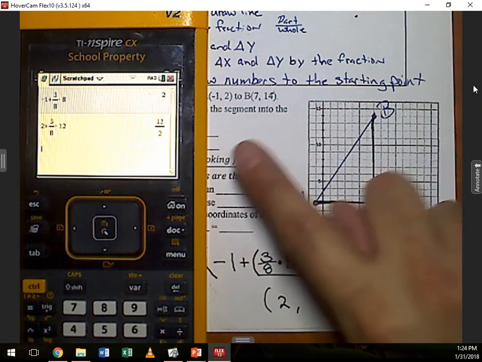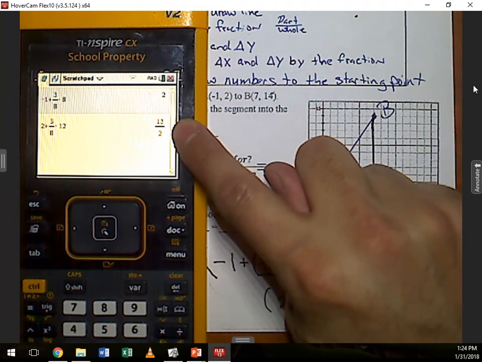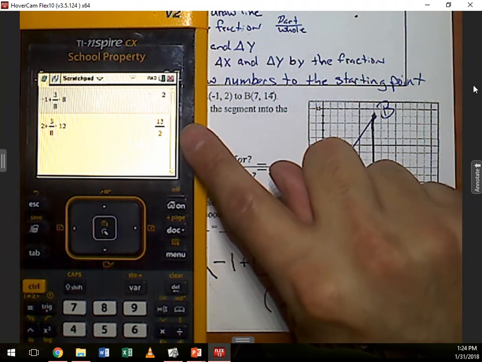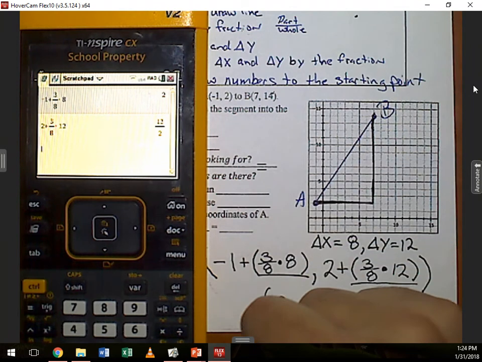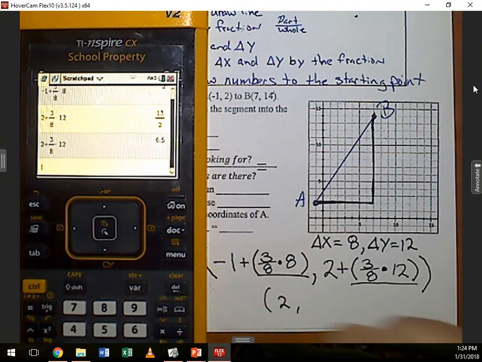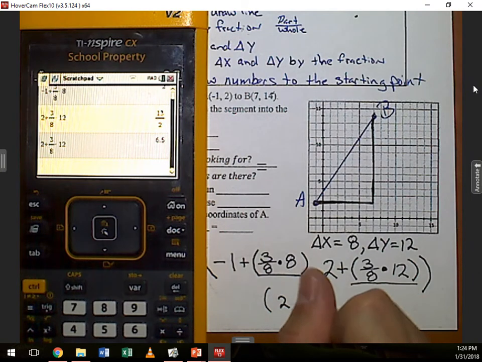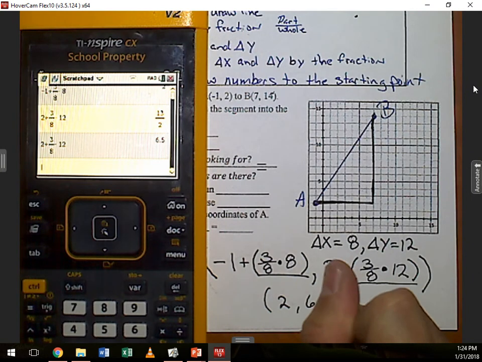I know you guys are all doing this right now, right? What if I don't want the fraction? What do I do to get rid of the fraction? Control enter. Very good. So my 13 over 2 is actually just 6.5. So my y value is 6.5.